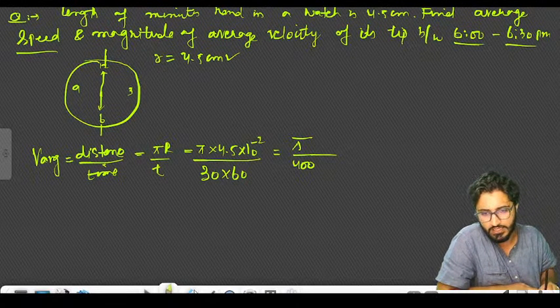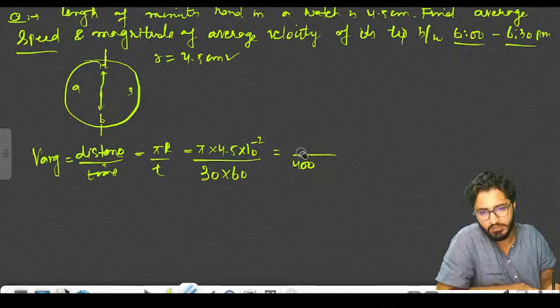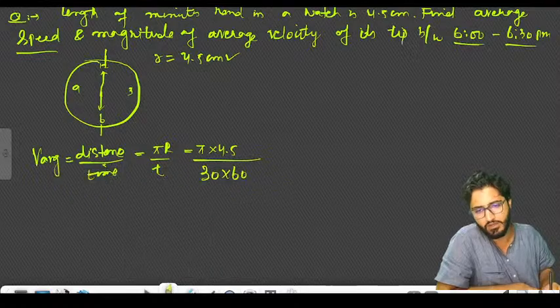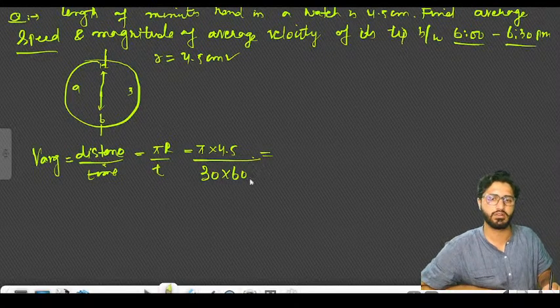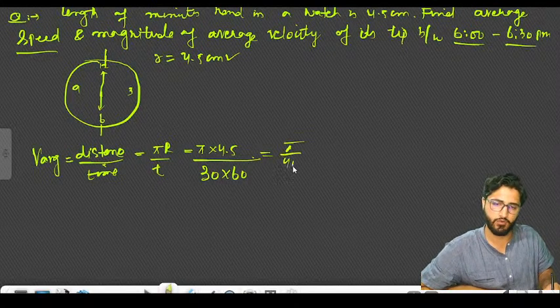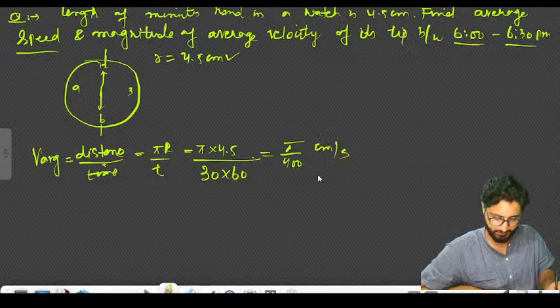So if I just write it in centimeters, there is no issue, right? That will become a bigger number now. Look, so I will write here 4.5 into 10 to the power minus 2, pi by 400 centimeter per second.